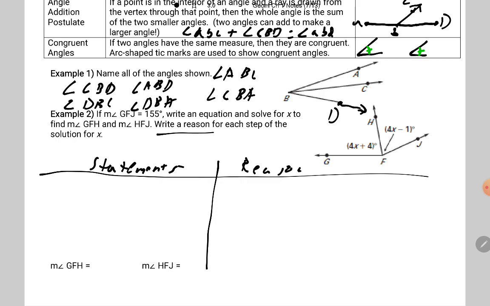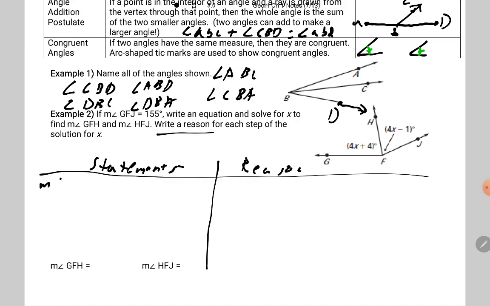So we know that the measure of angle GFJ is 155 degrees. We know that the measure of GFH is 4x plus 4. And the measure of HFJ is 4x minus 1. So we have a formula here.